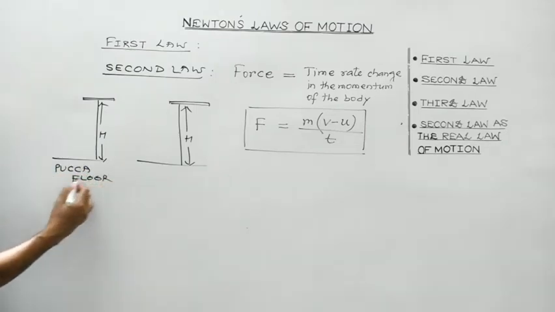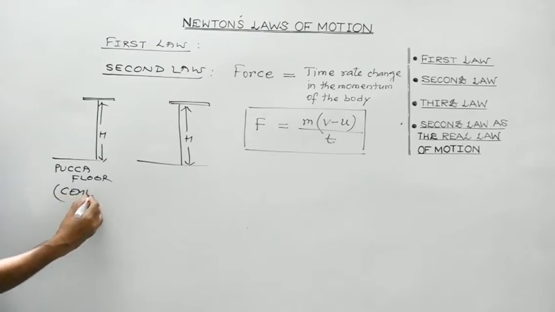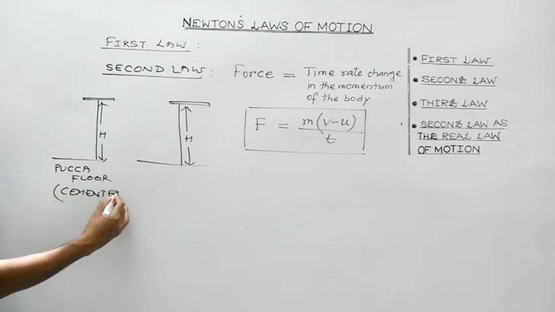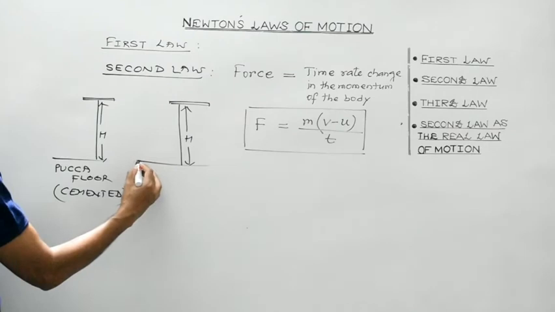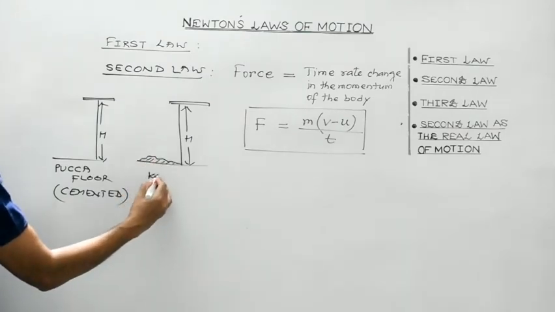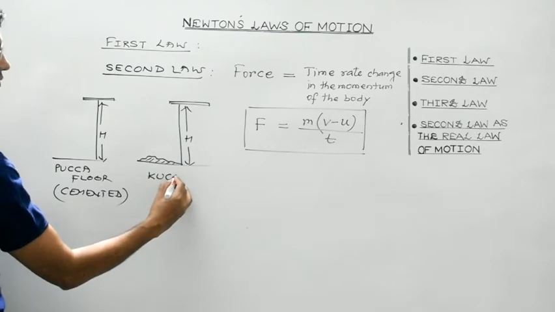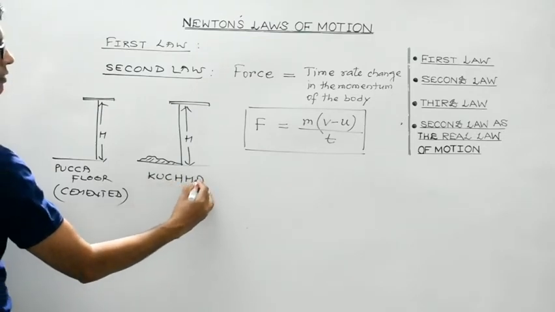Pucka floor means it is cemented one. This floor is cemented. And this is kacha floor. Suppose mud is over here or sand is over here. This is kacha floor.